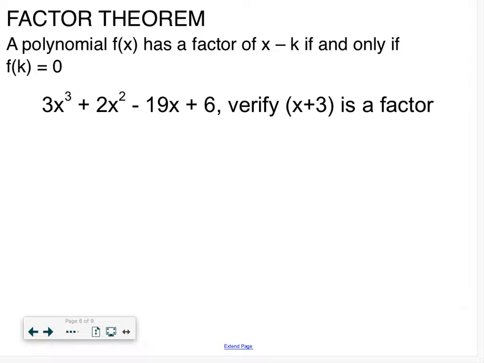Okay, so here might be a way that I present you with a question: verify that this is a factor. Please write it down in your notes like this. Given this cubic function, verify x plus 3 is a factor.